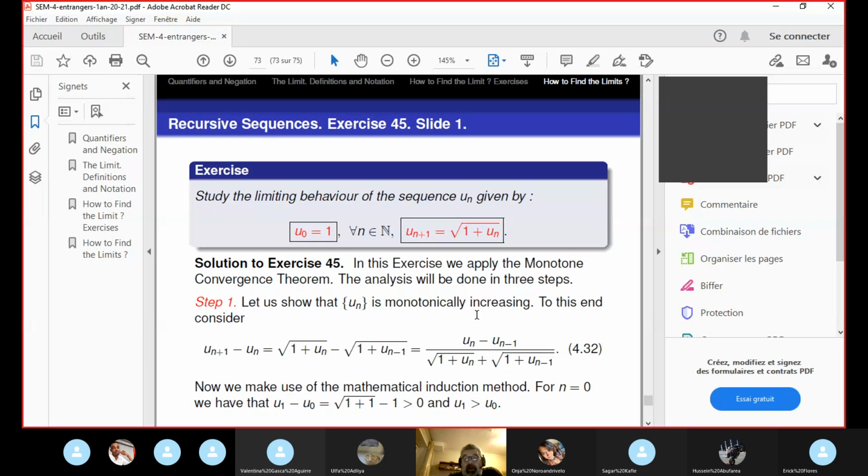Then in the numerator of the fraction, the right hand side of the formula 4.32, I have u sub n minus u sub n minus 1. Agree? And divided by the square root of 1 plus u sub n plus the square root of 1 plus u sub n minus 1. I agree.